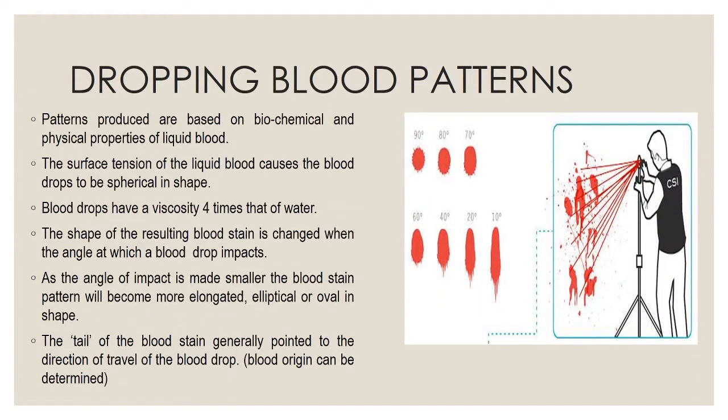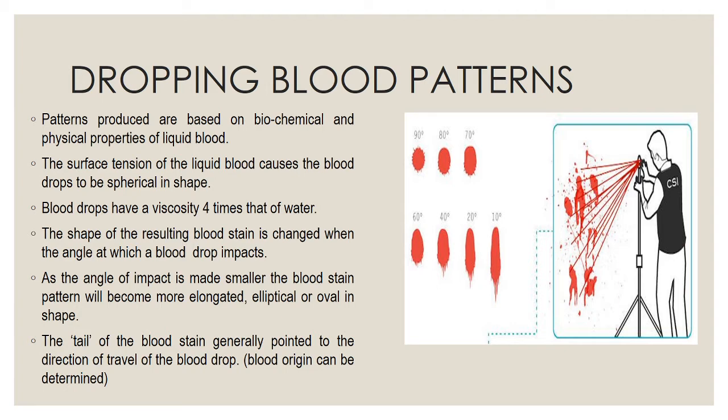And first one is dropping blood stain patterns, and these patterns are produced by dropping blood found at the crime scene and are based on the biochemical and physical properties of the liquid, so the liquid blood. There are so many physical and biochemical properties of blood, and because of those properties, when the blood falls from a particular height, it will form certain dropping patterns.